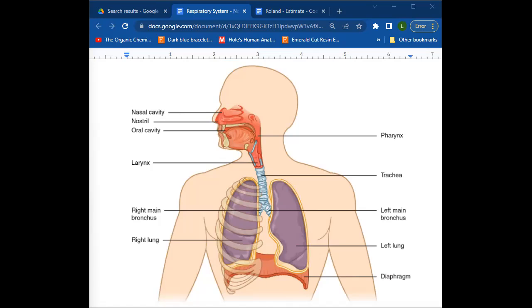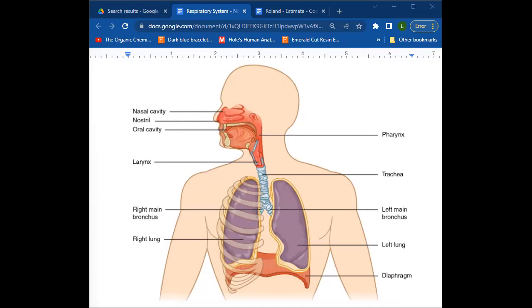Everywhere where air flows, but there is no gas exchange. Okay, so that's going to include the nose, the nasal cavity, the sinuses, the pharynx, the larynx, the trachea, and bronchi and bronchioles.